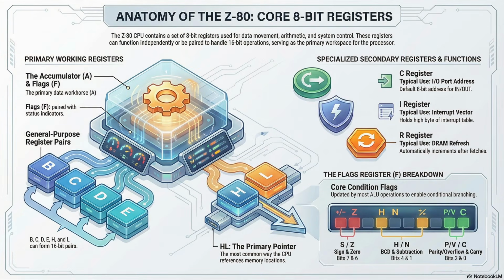Today we are going to step through each architectural element, from the elementary 8-bit registers to the sophisticated alternate register set, explaining their purpose, interrelationships, and how the EX and EXX instructions turn the Z80 into a fast, context-switching engine. Firstly, the core 8-bit registers.